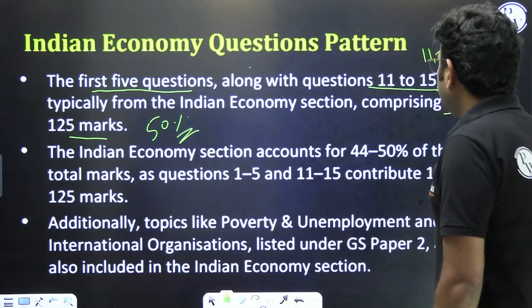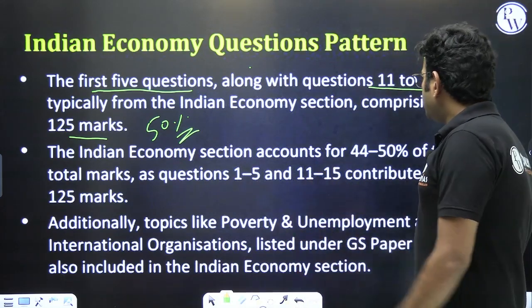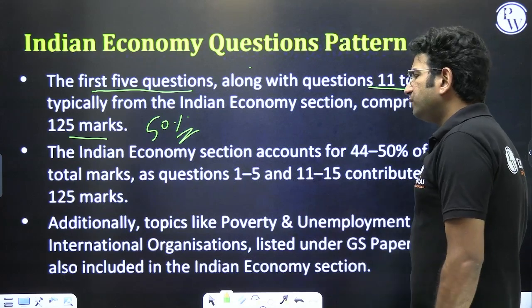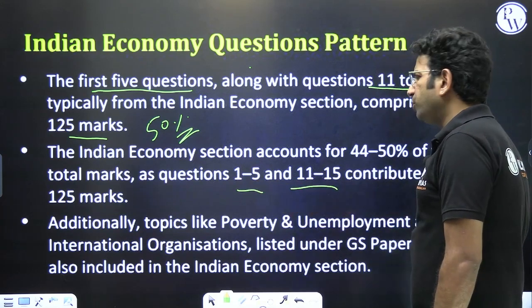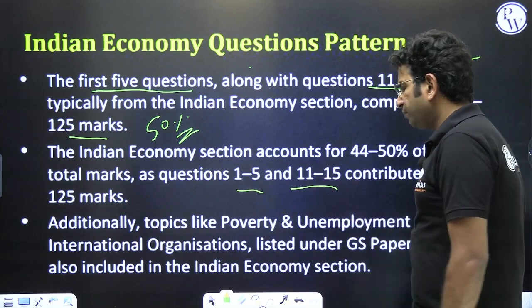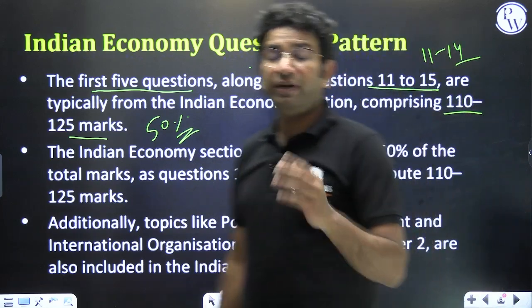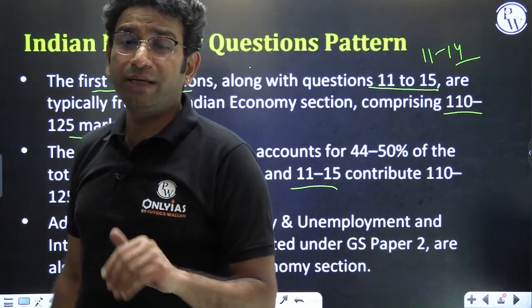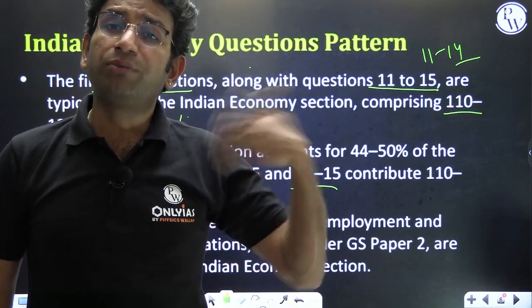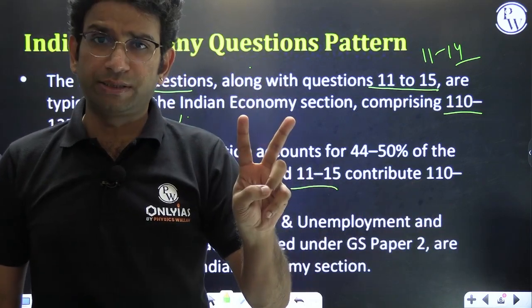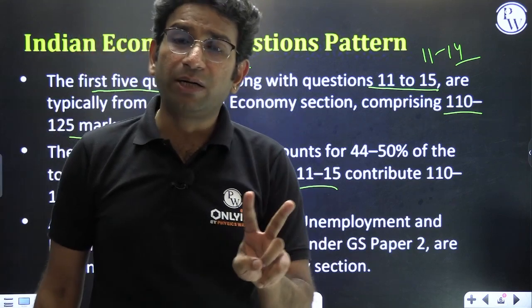Then the Indian economy section accounts for 44 to 50% of the total marks, as question number 1 to 5 and 11 to 15 basically contribute 110 to 125 marks. Not only this, when I am covering economics in my GS batches, not only whatever is given in paper number 3, there are 2 more topics that we discuss as part of the economics section.